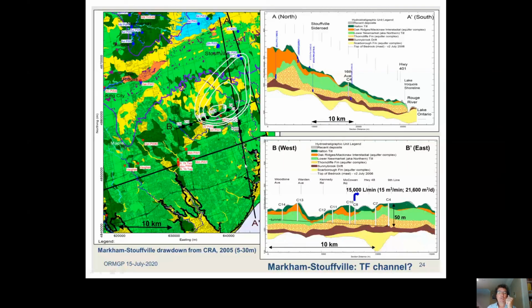And again, here's that other example where Stouffville is here. Sewer work had a hard time in this area near former municipal pumping wells. And the drawdown cone, and I'm pulling these contours of a drawdown from Conestoga-Rovers, now GHD work, and that drawdown seemed to emanate northeastwards up to Stouffville.